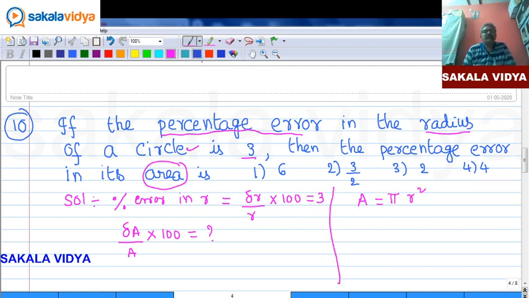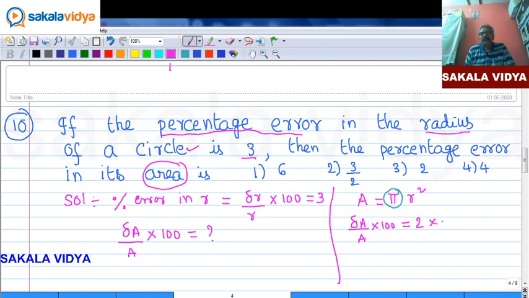So you remember one thing here, actually this pi is constant, just keep it up. So now delta A by A into 100 is equal to, we can write dimension of R is 2.